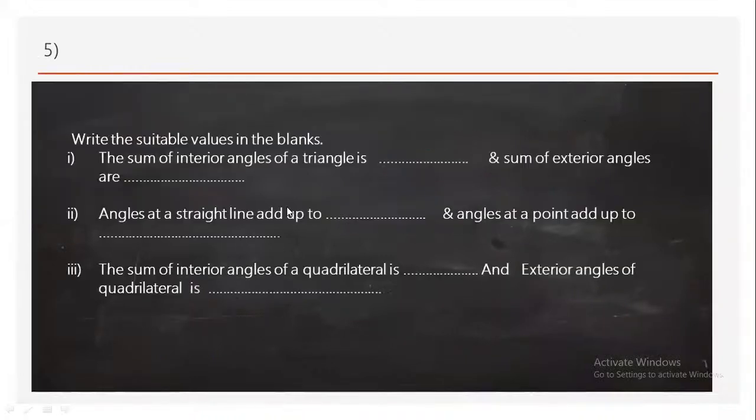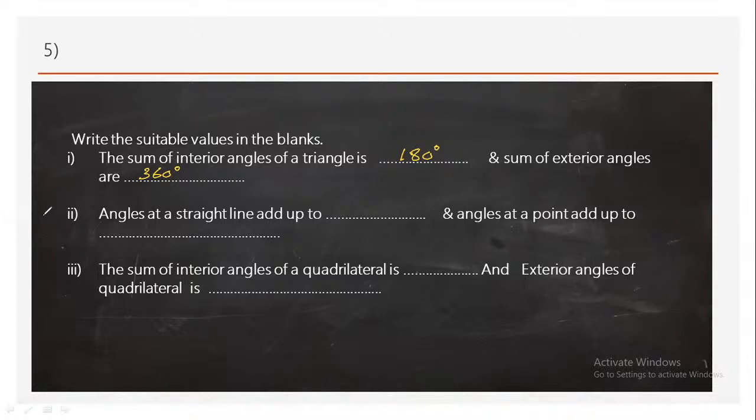Next question. Write the suitable values in the blanks. The sum of interior angles of a triangle is, what is this? Sum of interior angles of a triangle is 180 and sum of exterior angles is 360. Right? Exterior angles add up to 360. Interior angles add up to 180.